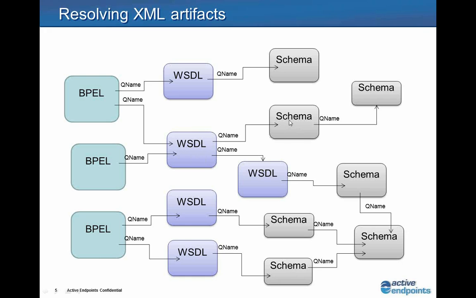Each WSDL is going to call. Some can import other WSDLs. They will refer to elements within schemas, and then schemas will import and use elements within other schemas, and you get this whole graph of dependencies to make your process application.